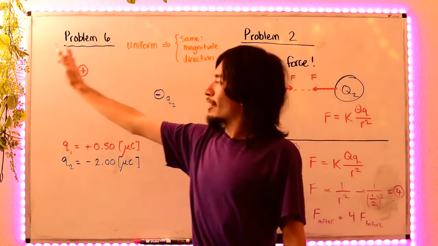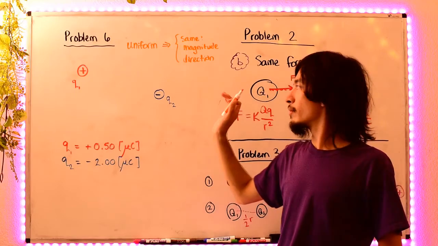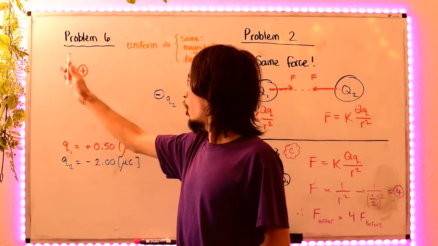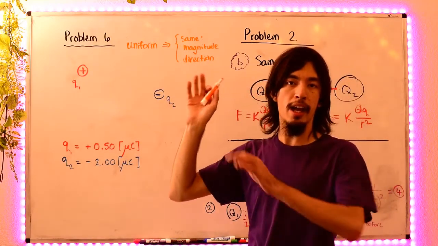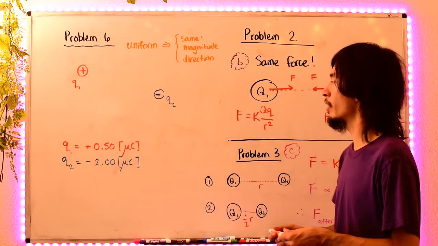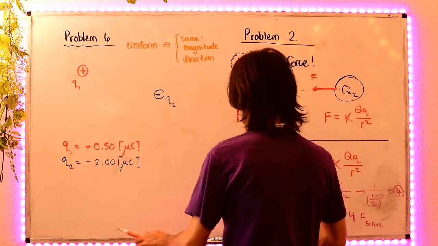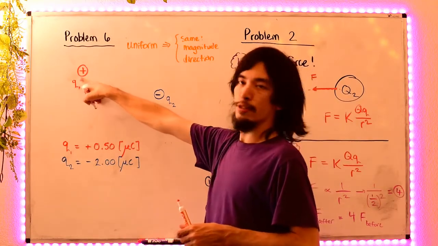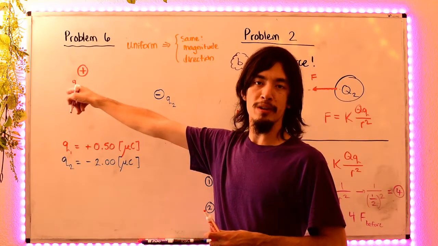So in this diagram here, the electric field will point all in the same direction at every single point, and it will all have the same strength or magnitude.